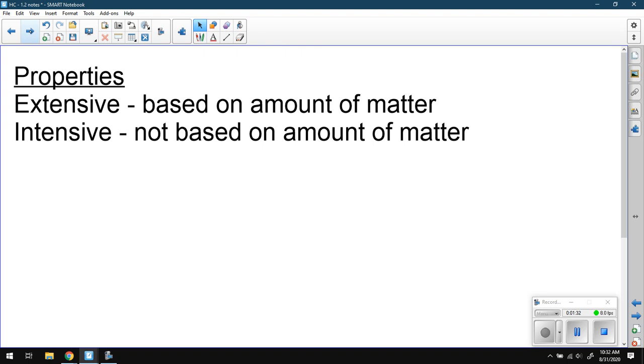So the mass of something, if I have 5 grams of salt or 10 grams of salt, that mass is an extensive property because 5 versus 10 tells me a specific amount of salt. We could also talk about volume. Volume is another example of an extensive property.